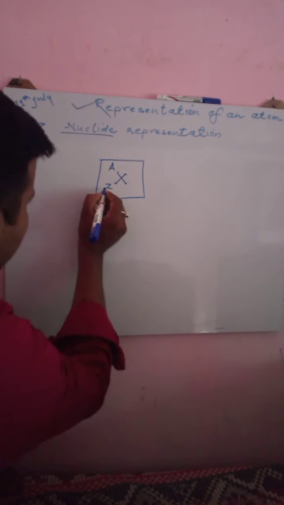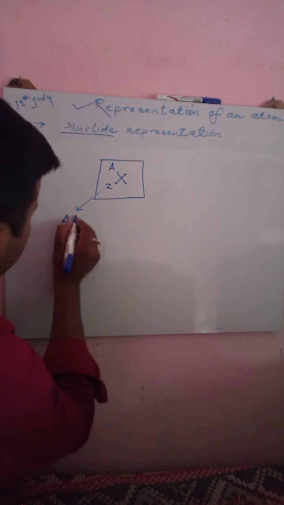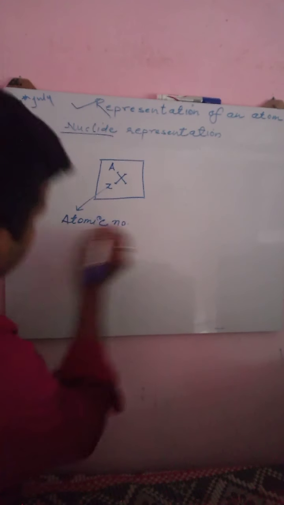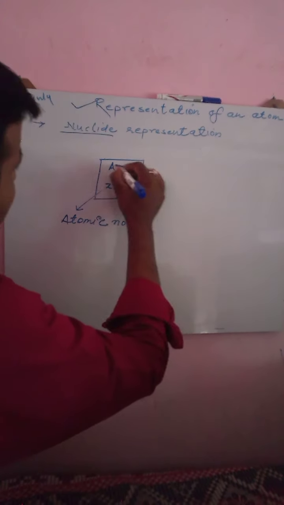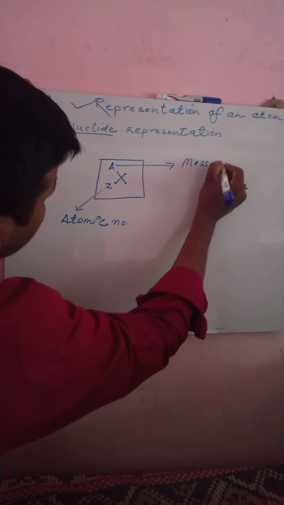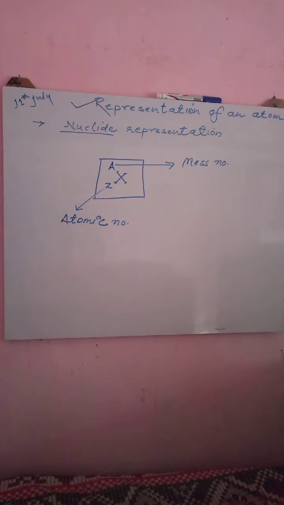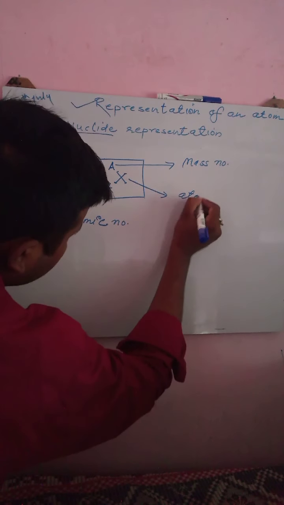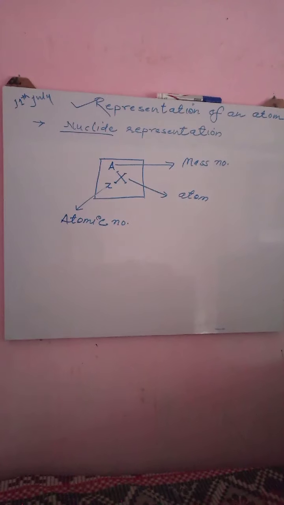Here Z is the atomic number, while A is the mass number, and X is representing the atom. This is the complete representation of an atom.